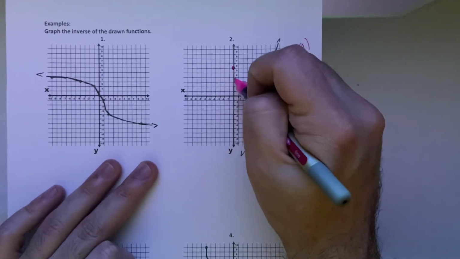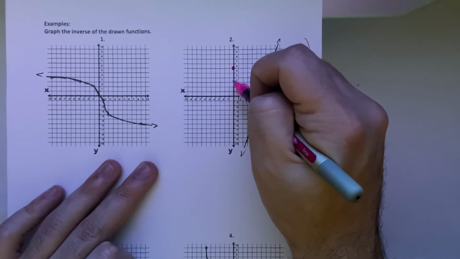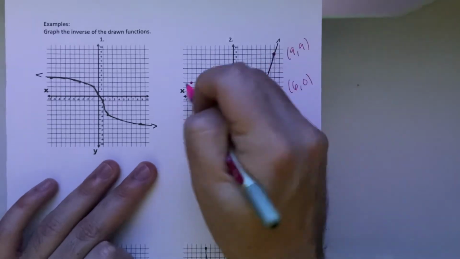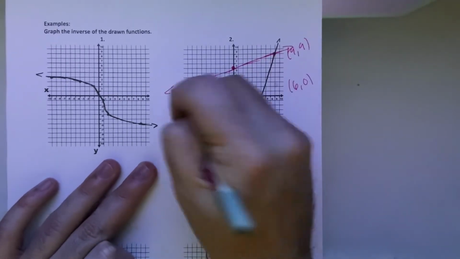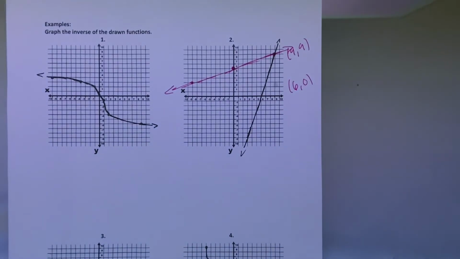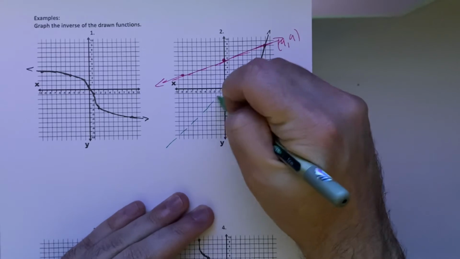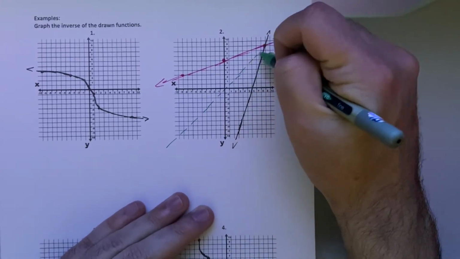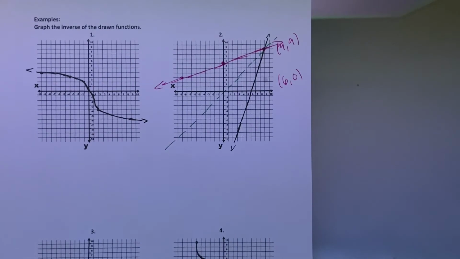So this should be enough for us to make it through. We should have (3, -9) as well, it looks like. These are inverses, and again, if we look at that symmetry line through the center, it does look like a reflection across that line.